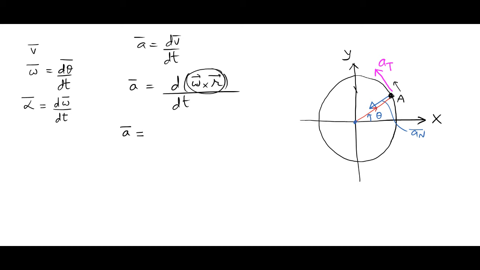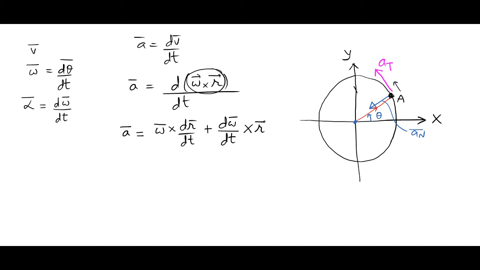Anything involving omega will come first, anything involving r bar will come second. So it's going to be omega bar cross dr bar by dt, that's the first term, plus, now you find the derivative of the first term and remember to place it first. Omega terms must come first. So d omega bar by dt cross r bar. That's the first step.